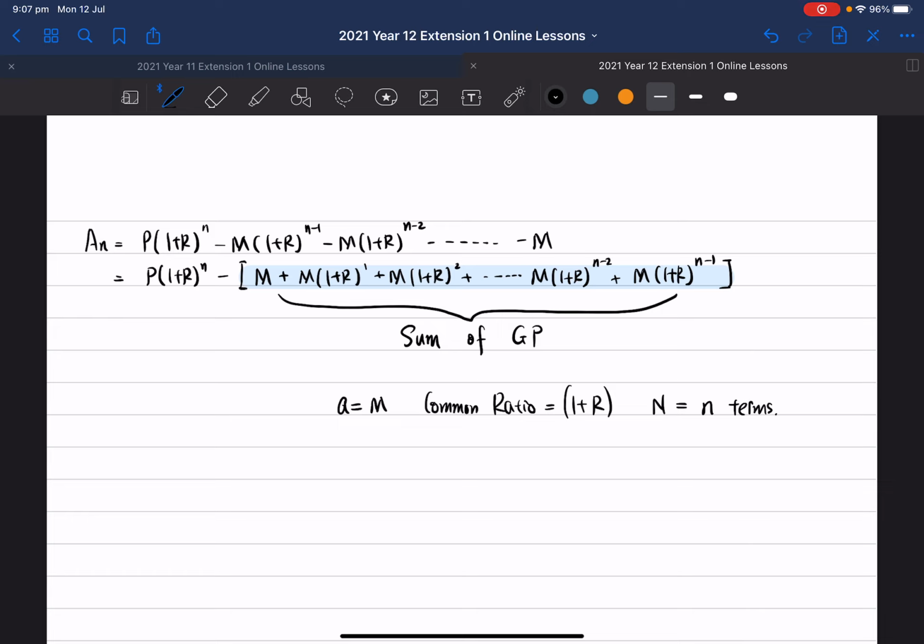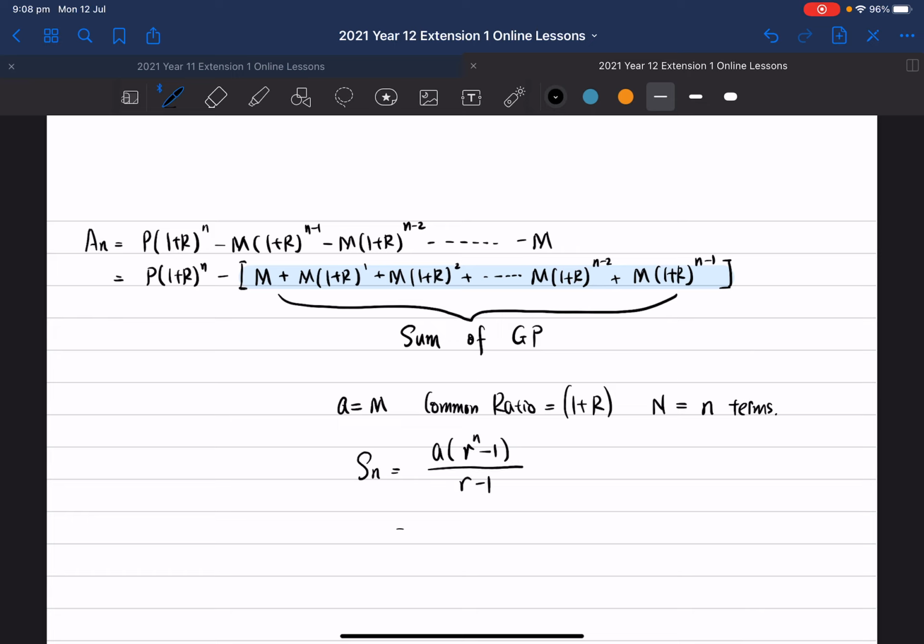Once you know this, the sum of GP, S_n, is equal to, we know the formula, A(r^n − 1)/(r − 1), using lowercase r.